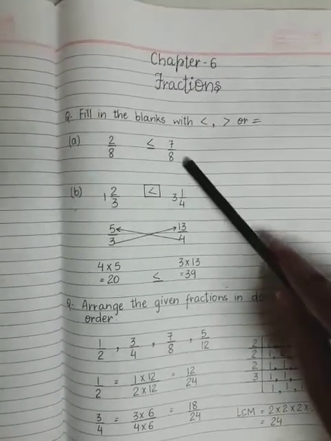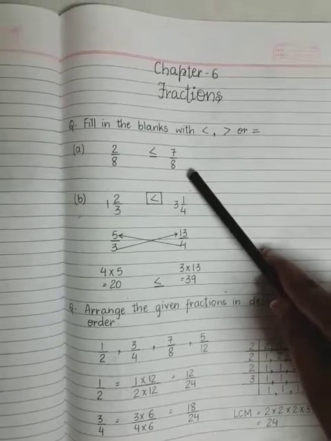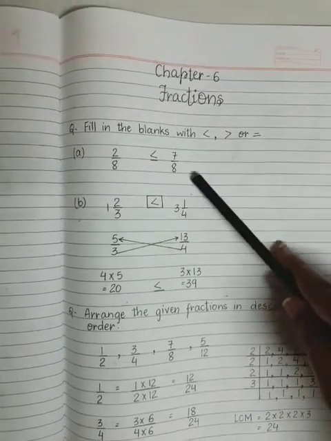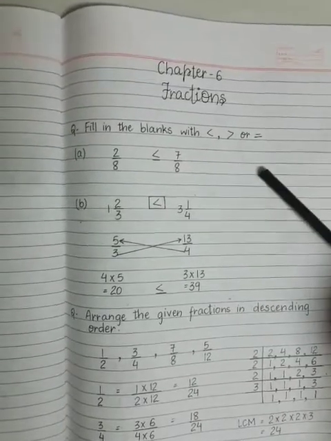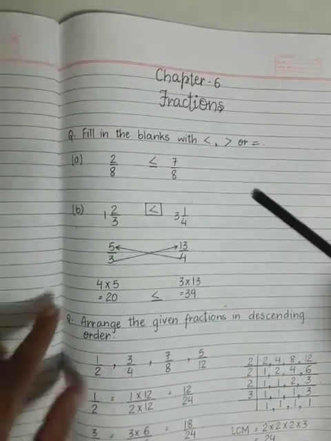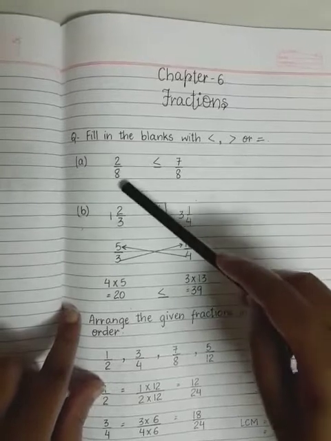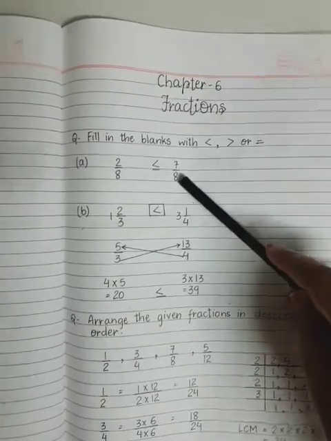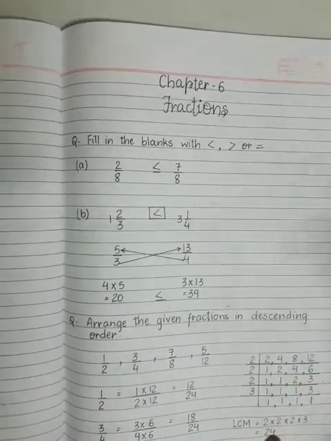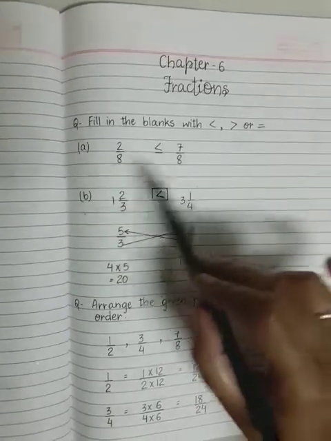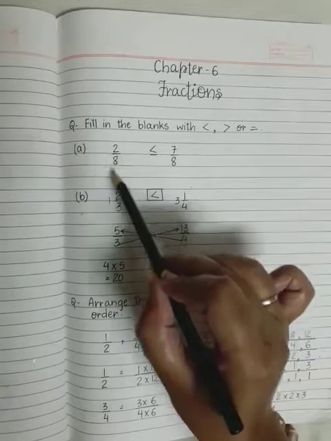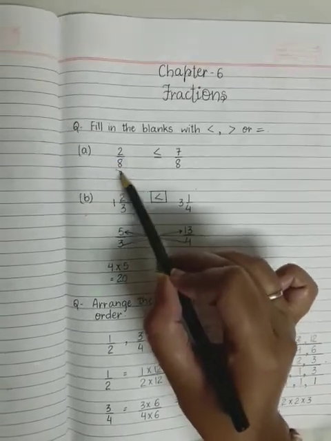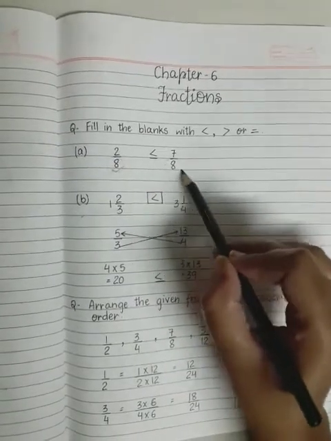So, children, in this question, we have to compare two fractions, and the two fractions that we have to compare are 2 upon 8 and 7 upon 8. Now, see children, in these two fractions, if you look carefully, the denominators are the same. The denominator is 8 here and the denominator is 8 here.